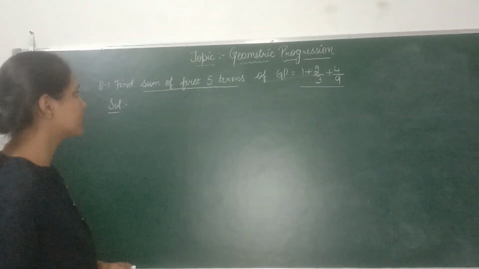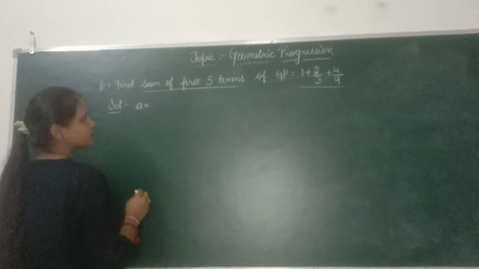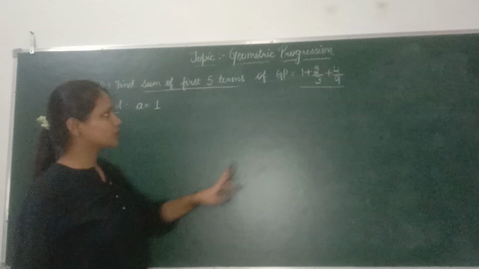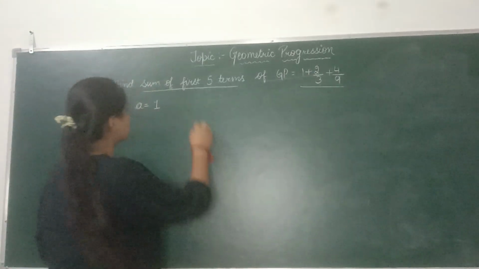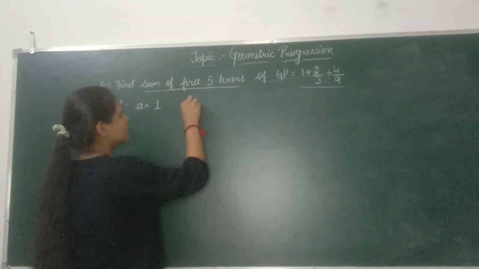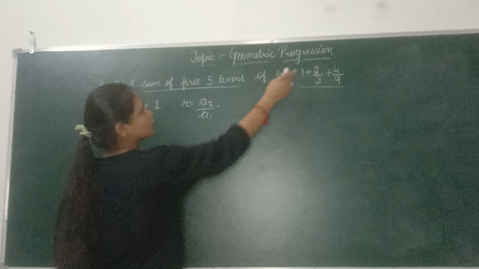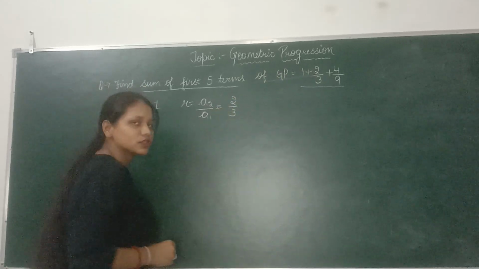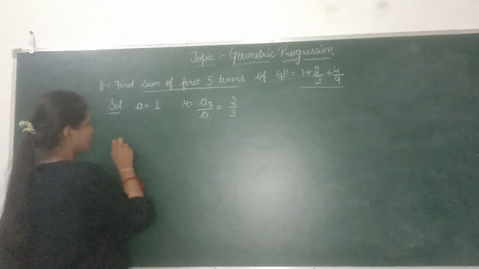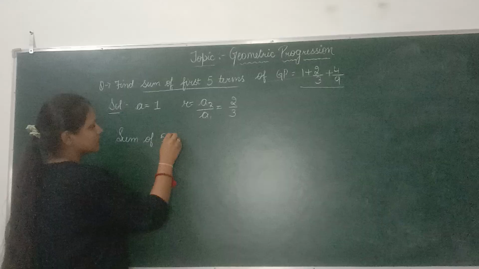First, a is the first term of the GP, that is 1, and the common ratio, which is a2 upon a1, is 2 upon 3 upon 1, that is 2 upon 3. Now writing the formula for the sum of 5 terms.